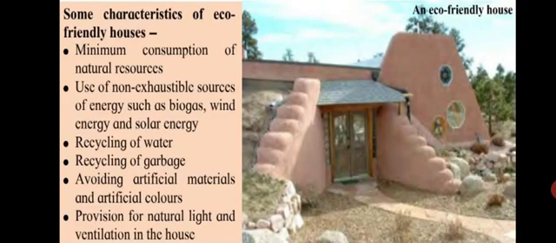So you can see in the picture an eco-friendly house, and on the left side the characteristics of eco-friendly houses are mentioned. This is listed in the textbook on page 56. You can go through it.